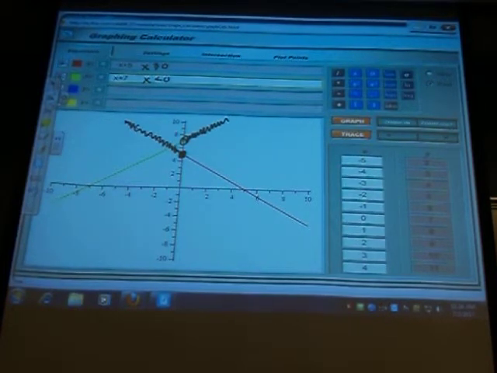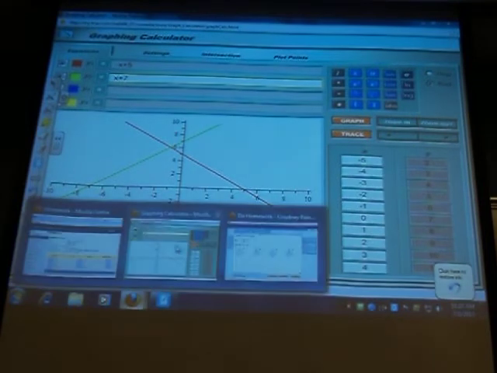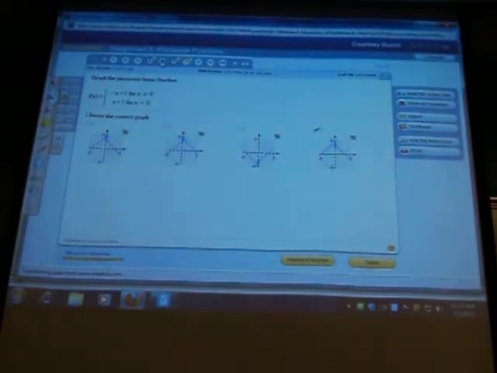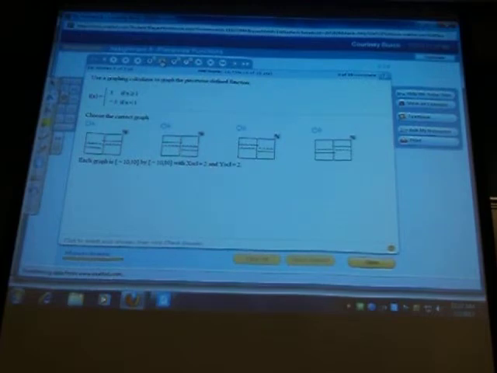Now they're all pretty similar, so you have to be careful on this one. There are no circles. These are screenshots from the calculator.